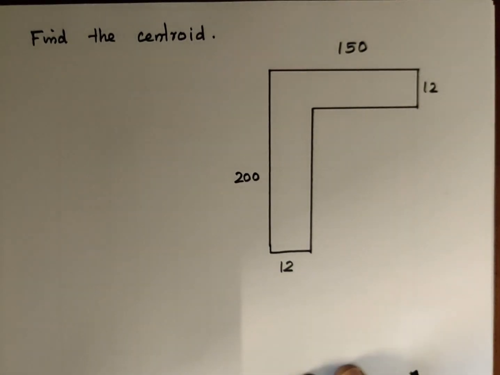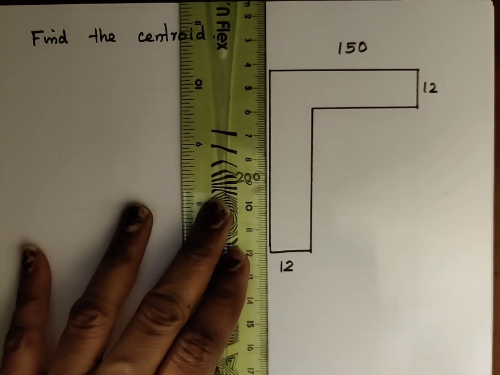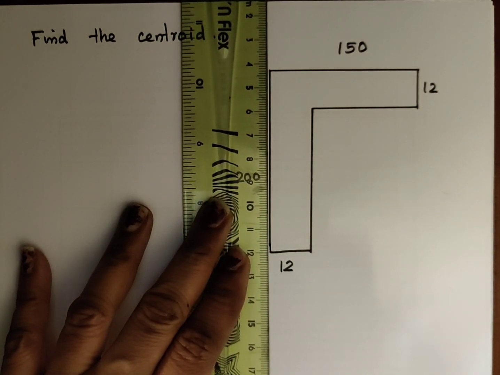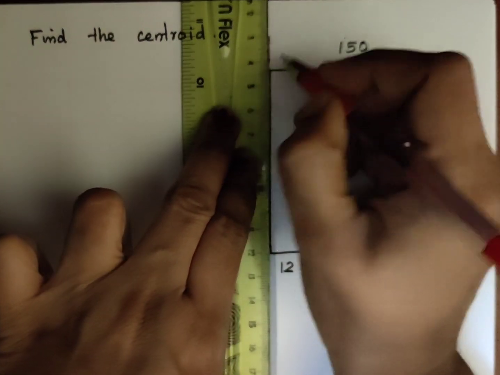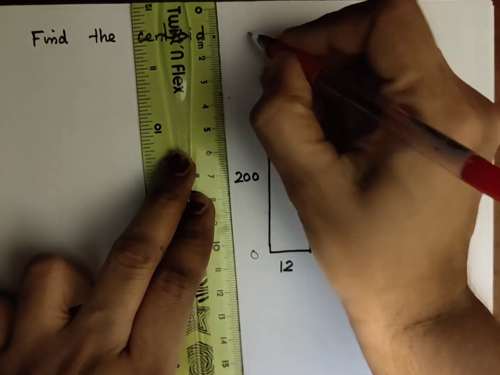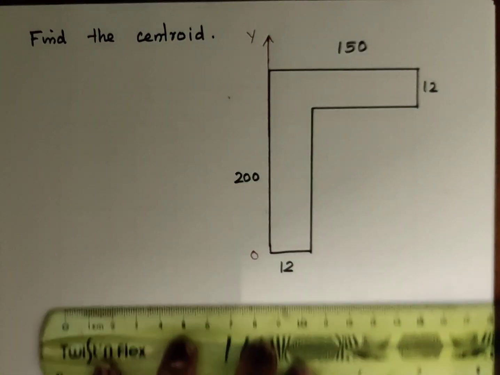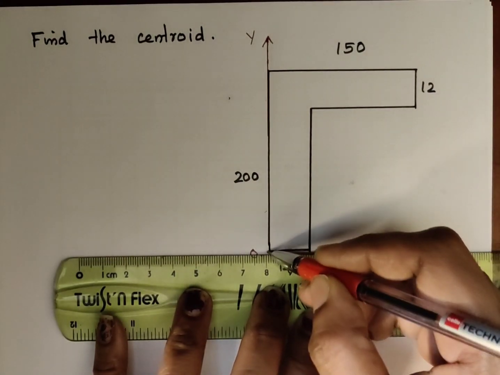Now this is an angle section which is made up of two rectangles. We will start the calculation of the centroid from this figure. To calculate the centroid of an L section or an angle section, the first step is to draw the reference axes. Draw the extreme left line and mark it as the OY axis, which is used to measure the x coordinate of this composite section.